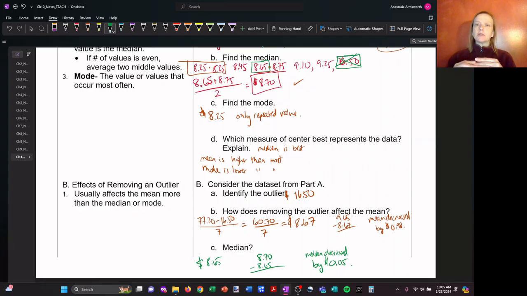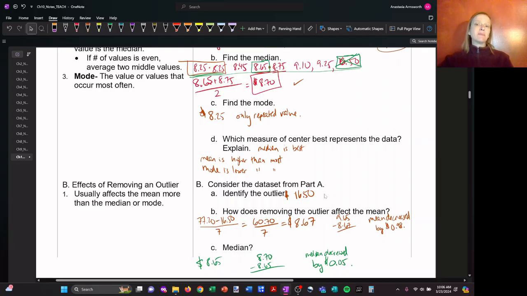The next step is to look at how removing this outlier value changed the mode. In this example, if you look at the original ordered list, there was only one repeated value. It was down here at the lower end, and those were not outliers. We did not remove them from the data set. So the mode is exactly the same as it was before.